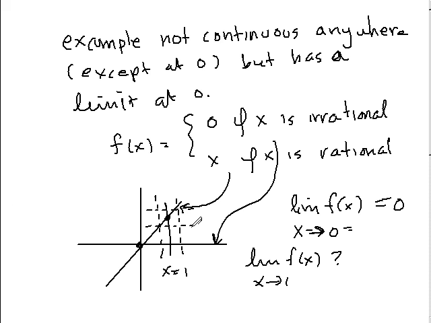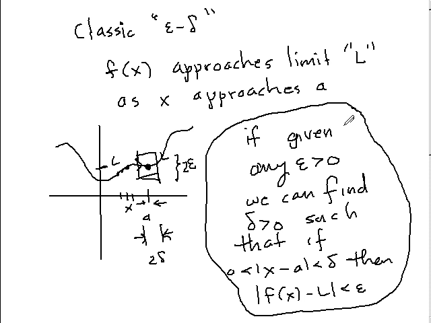Now, that's the classic epsilon-delta definition, and what this does, let's go back, is it gives you a very precise way of verifying whether a number L is in fact a limit of this function, because it has to satisfy this statement.